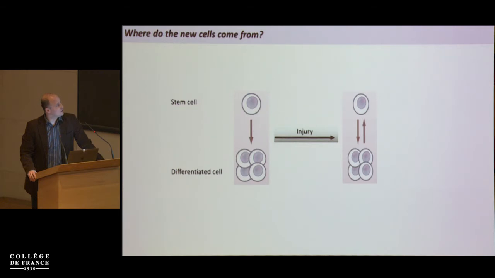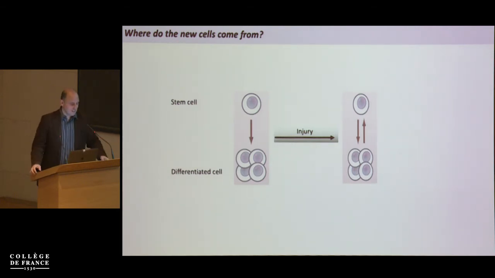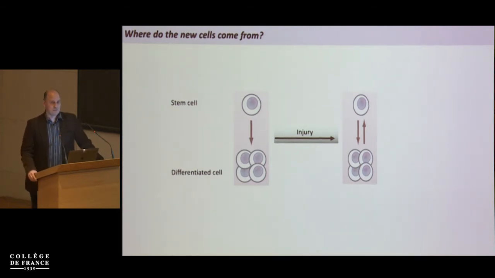was discussed here already, and as I think Simone asked, what is meant by de-differentiation? Again, we have to be very careful with the definitions. Sometimes de-differentiation means just exiting the quiescent state and downregulating some markers.